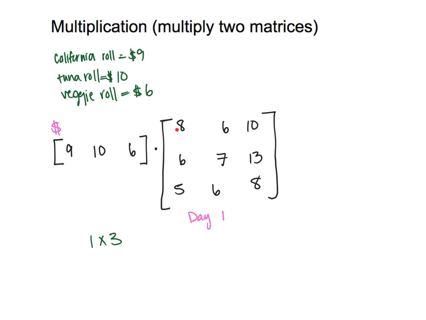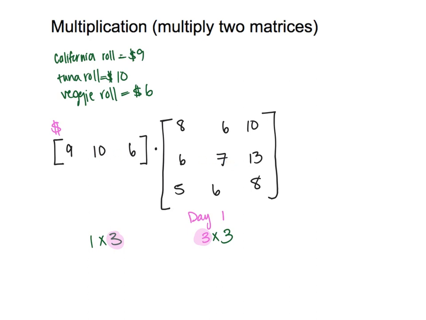Whereas this one here has 3 rows and 3 columns, so a 3 by 3. So when I look at this, I know I can multiply these two because the inner dimensions are the same. Whenever the dimensions on the inside are the same number, you can multiply the matrices.